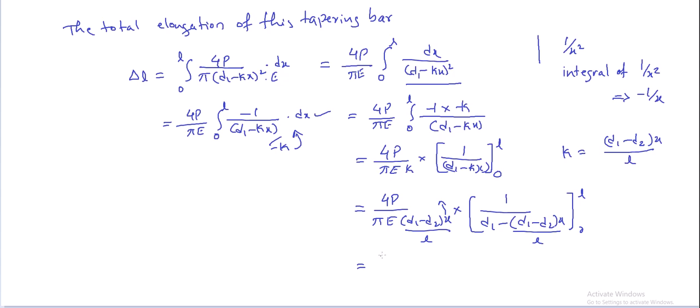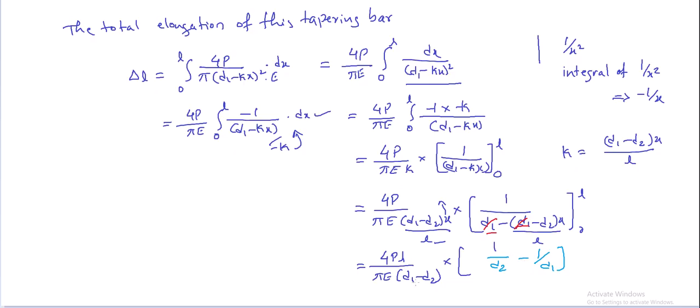So I can write 4PL by pi E (d1 minus d2), with L in the numerator, times 1 by d2 minus 1 by d1.